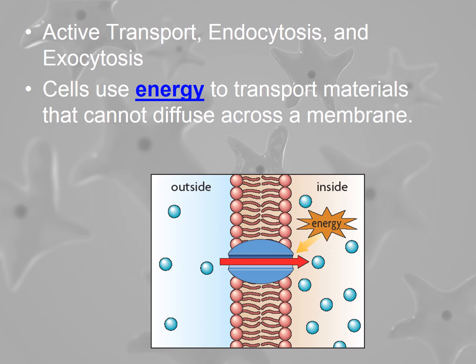Endo means into, so things are coming into the cell. And exocytosis means things are leaving the cell. If you think of exit and exo, they both have the EX. Things are exiting the cell for exocytosis. Why don't you write that little hint down next to exocytosis? You could write exit or leaves the cell. Endo means going into the cell.